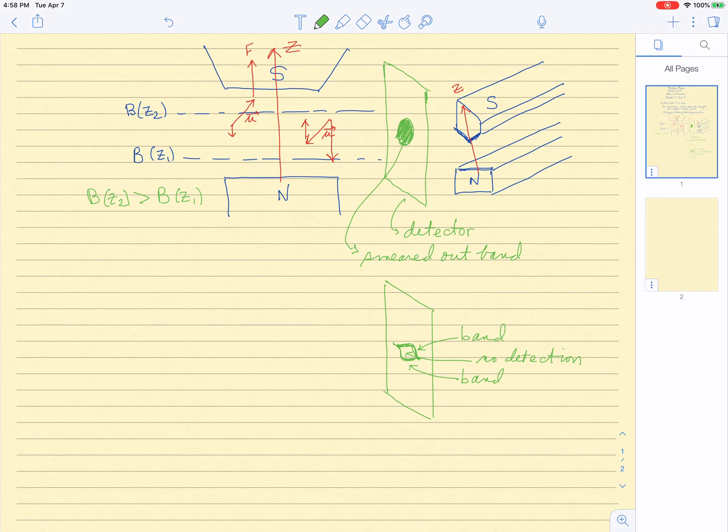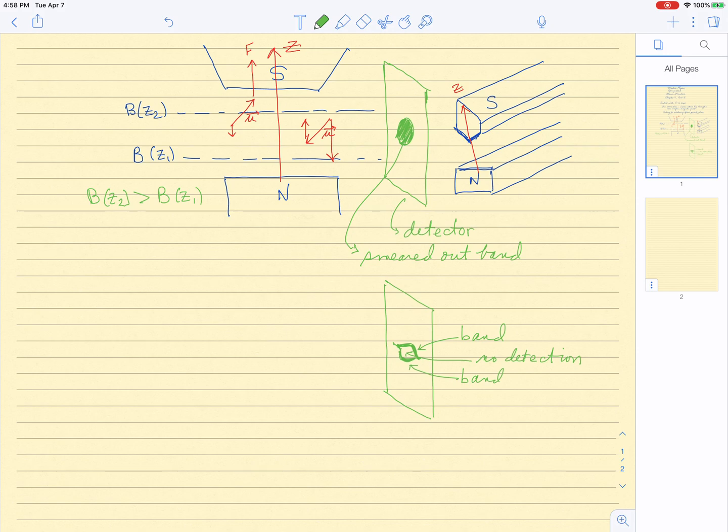Which meant that as these magnetic moments went through the non-uniform magnetic field, they could only assume two orientations in the magnetic field, hence space quantization. And when they struck the detector, they did so with just two bands indicating one orientation or the other.